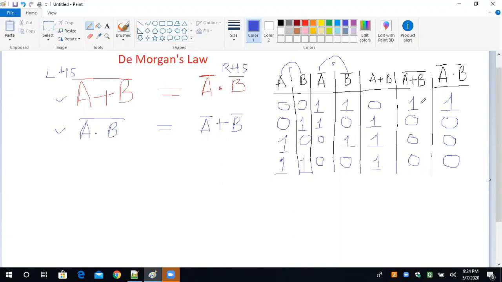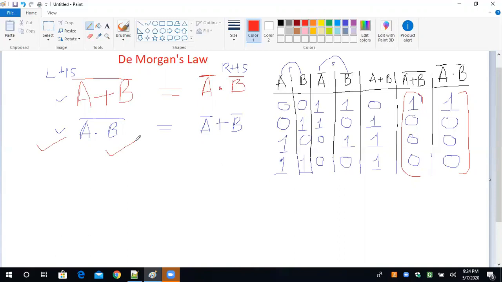So the truth values of LHS are equal to the truth values of RHS. So that means it is proved by the truth table. Similarly, I don't think you will face any problem proving this formula. Just change the terms, then you will get the answer of this expression also.